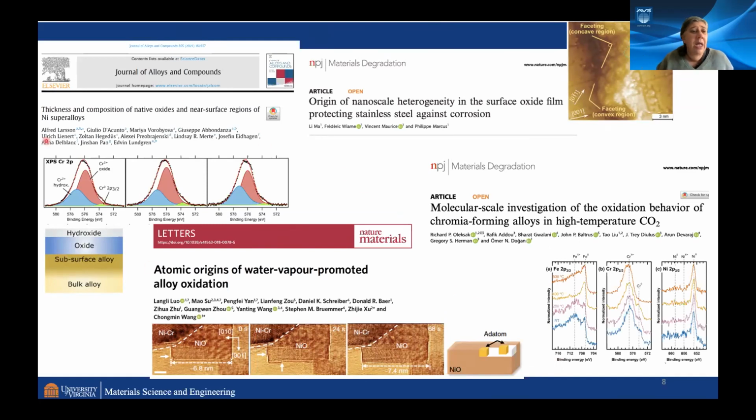So people look at nickel-based superalloys, aqueous corrosion, with surface science techniques like XPS. There are discussions about the origin of nanoscale heterogeneity on stainless steel, which was an STM study.